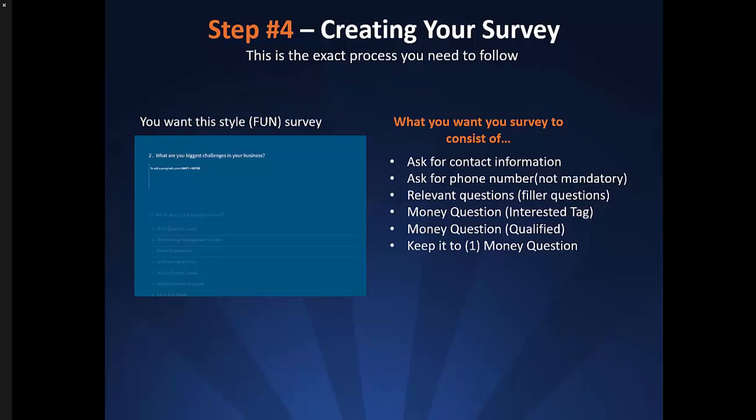And remember, I call it a money question, but this question is going to serve them and allow them to be their highest and best. Finally, we're also going to fire off a tag that says yes, they completed the EverMentor survey. And if you want, you can make a qualified tag on that. It's up to you. So this is what you want your survey to consist of.